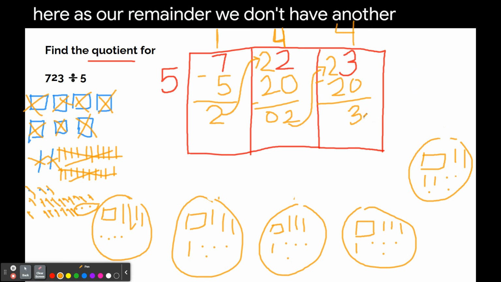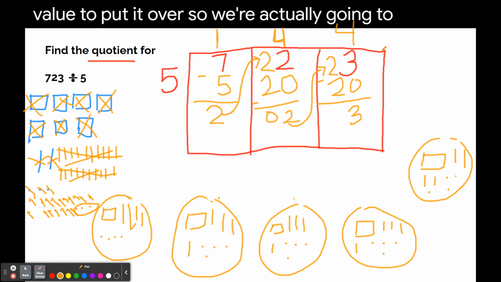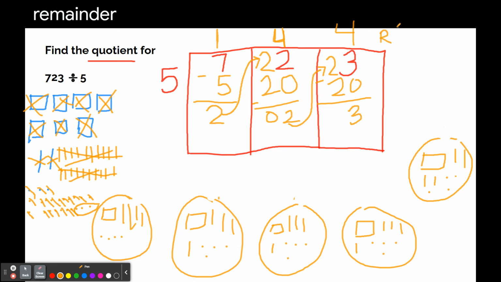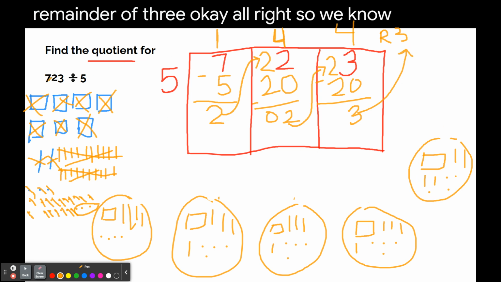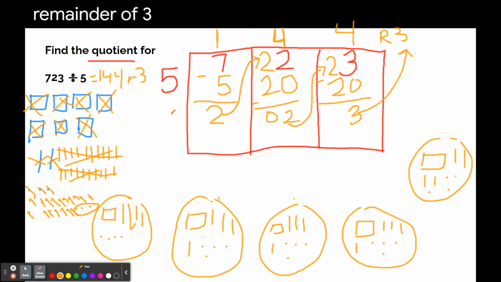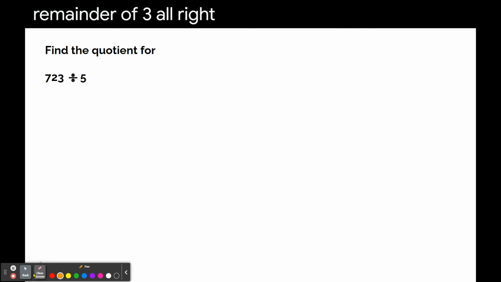We don't have another place value to put it over, so we're going to take this up over here, and we have a remainder of 3. Okay, all right, so we know that 723 divided by 5 gives us a quotient of 144 with a remainder of 3. All right, fantastic.